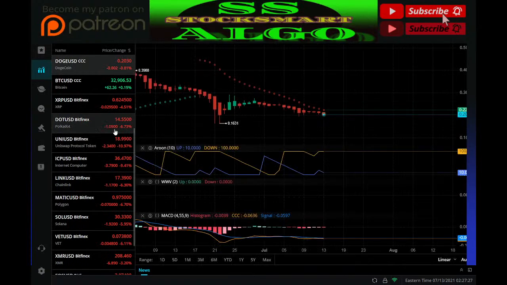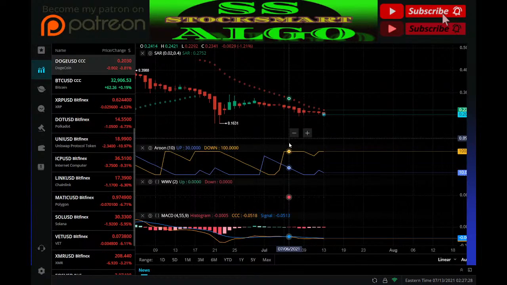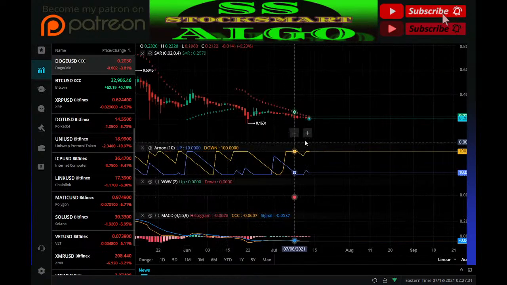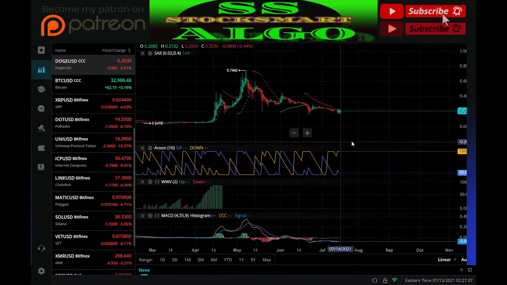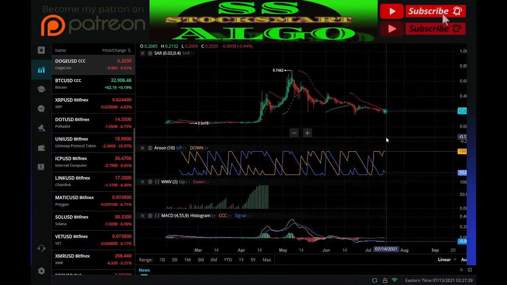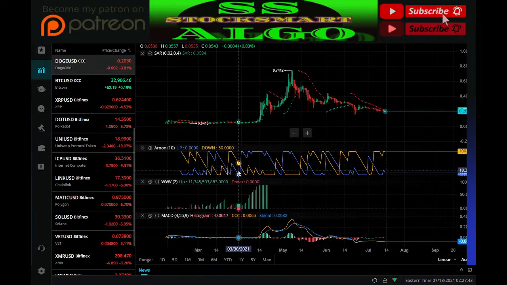What's that dog coin at? The Doji's well under that MACD. Possibly hitting a bottom soon. So we could see a reversal. But the thing is that if you're going to get in on something like this cryptocurrency, look for the rockets, okay? I tell you to read your runes and look for the rocket ships. And if you know how to read the runes, then you'll see the rocket ships.